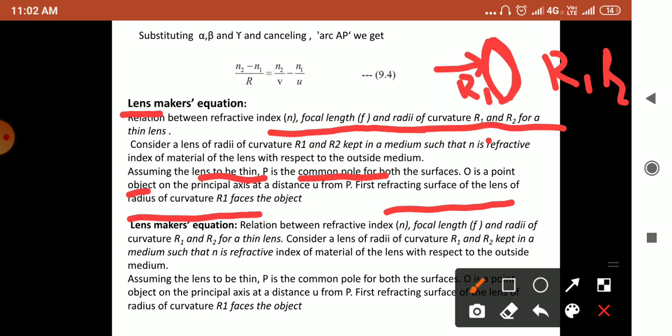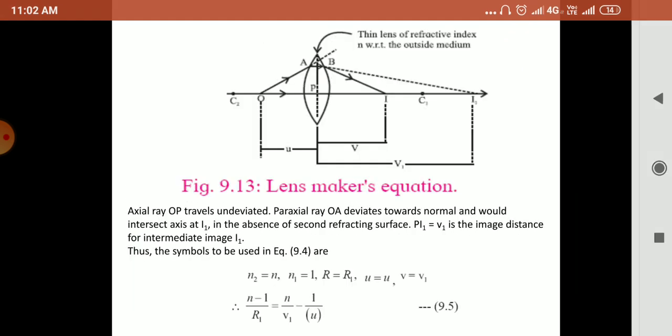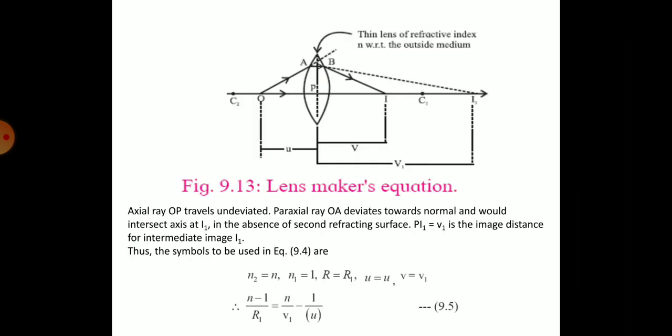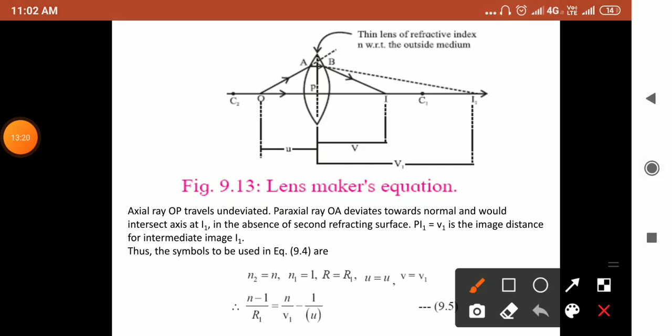So this is R1 side and this will be R2 side. Now come across the diagram. So here it is Lensmaker's equation.